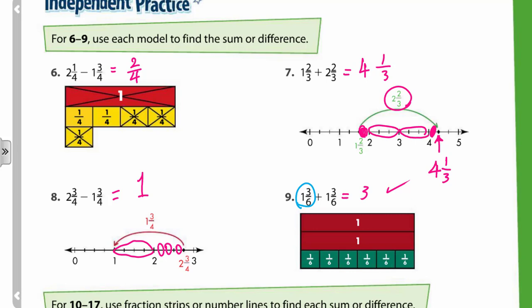As in the presentation that I did, sometimes you need to rename. So you need to break a whole into fractions, or you need to gather the fractions to make a whole. In both cases, this is renaming.